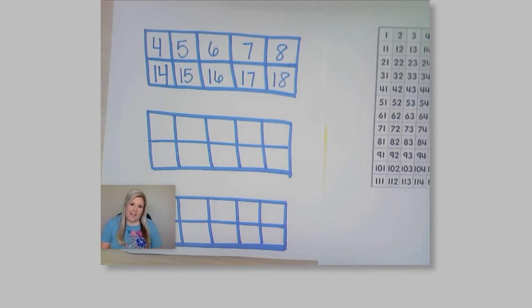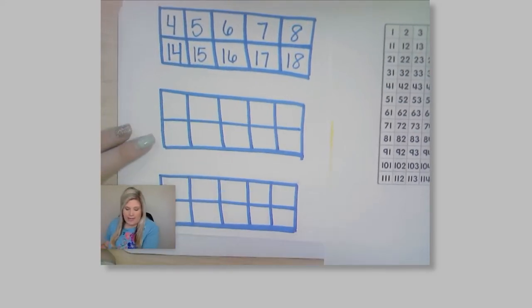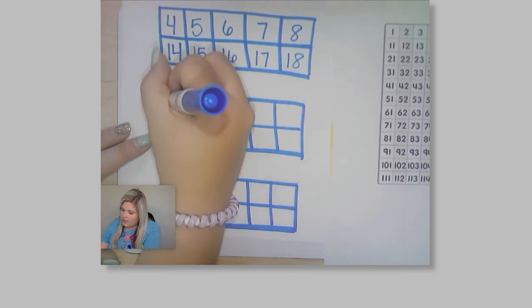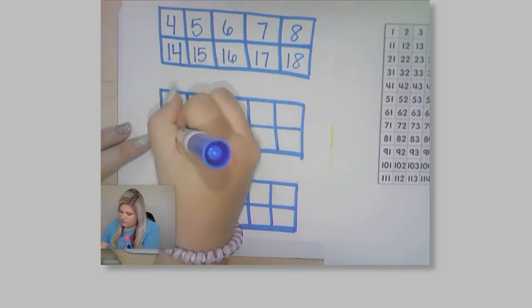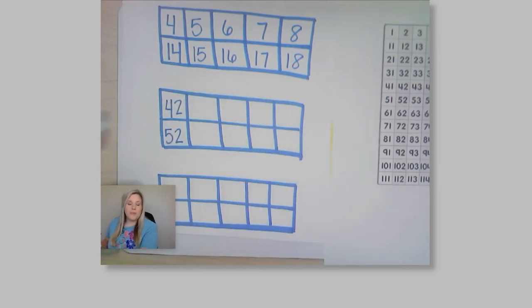We've been working at using the 120 chart to identify and count numbers. Now, it's your turn. In your next chart that you created, I want you to write these 2 numbers: 42 and 52.